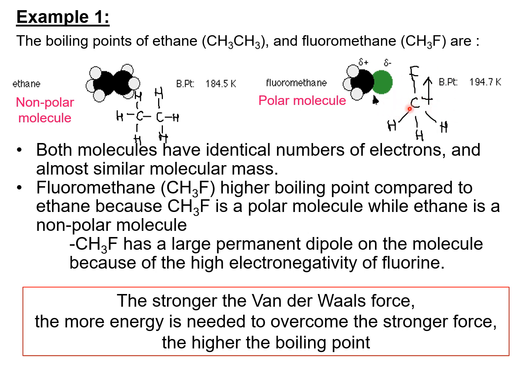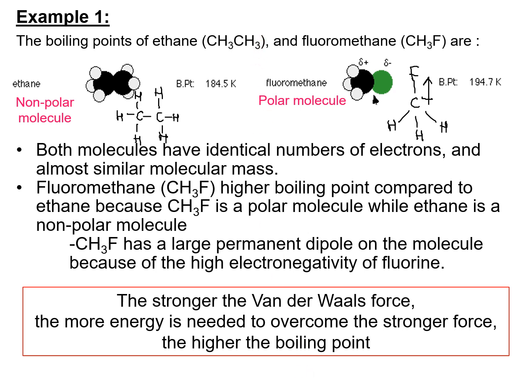Okay, so sekarang ni mereka punya molar mass lebih kurang sama. They have almost identical numbers of electron and therefore almost similar molar mass. So bila diorang punya molar mass ni lebih kurang sama, you boleh ketepikan factor molecular size bila you nak compare mereka punya boiling point. Kat sini you boleh ambil kira factor molecular polarity.